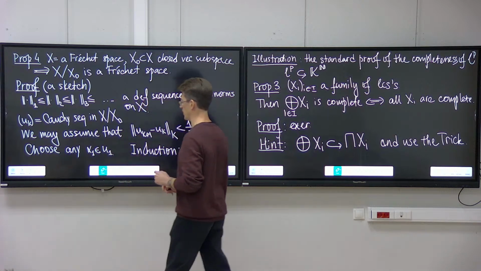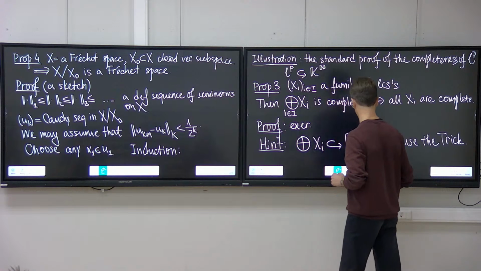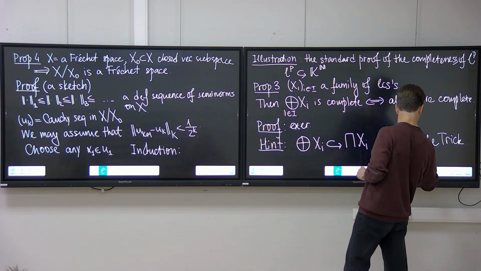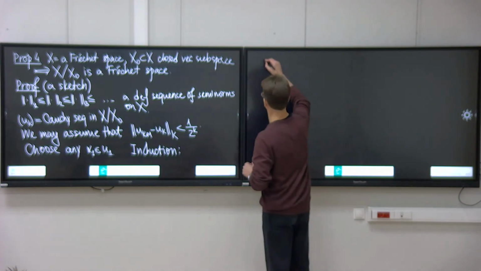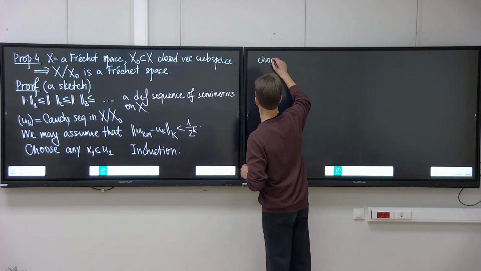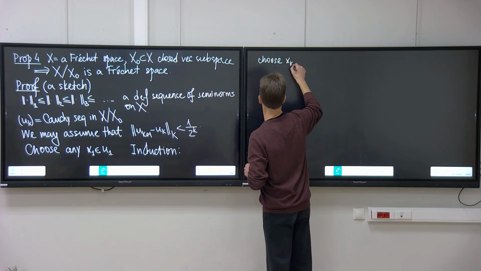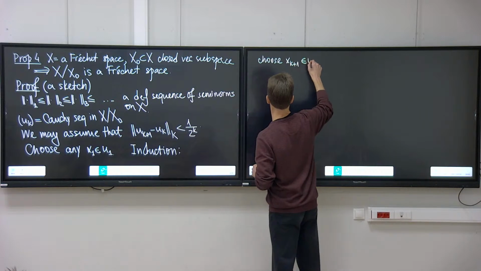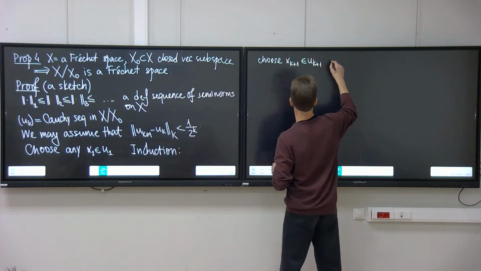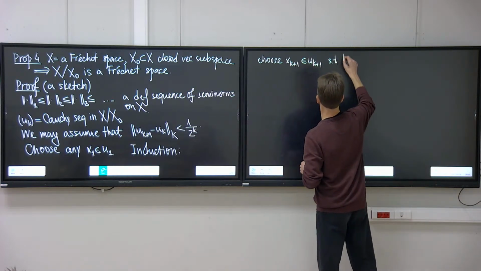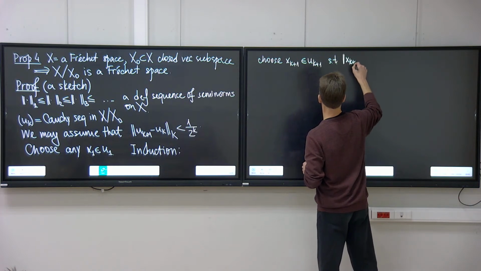If x1 up to xk are already chosen, we choose x_{k+1} in u_{k+1} in such a way that the following inequality holds.